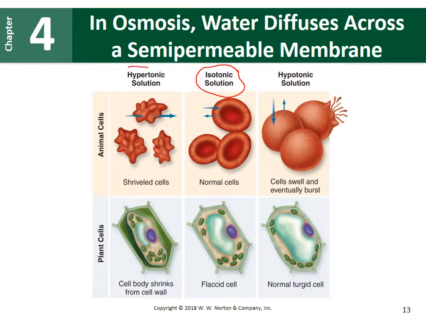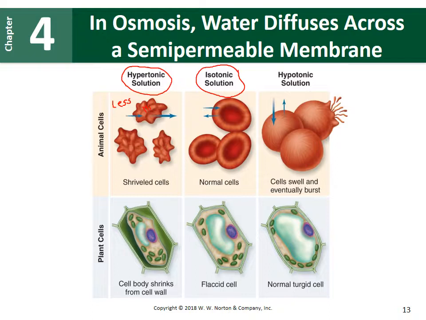In a hypertonic solution, over on the left-hand side, a hypertonic solution means that there is less water outside of the cell. There's more water inside of the cell. So we have a high concentration inside the cell.